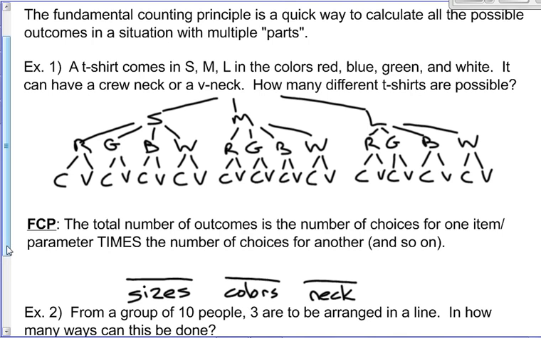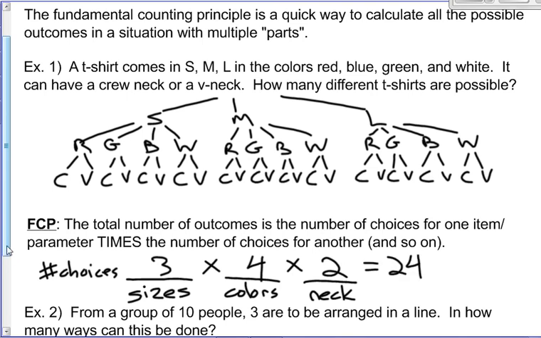And what we're going to catalog is the number of choices. For sizes there were 3 choices. For colors, there were 4 choices. And for the neck style, there were 2. And if you take 3, 4, and 2 and multiply them together, you get 24 total possibilities, or 24 possible shirt types. And that goes a lot faster.